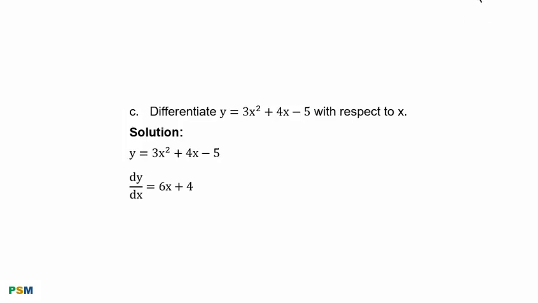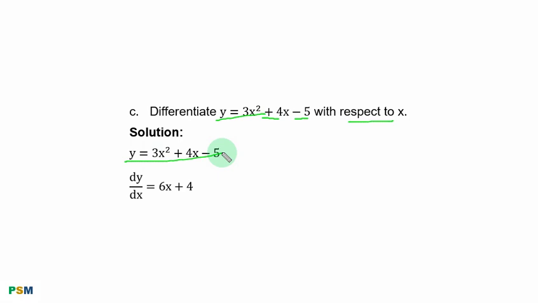Question 8c. Differentiate y equal to 3s squared plus 4s minus 5 with respect to s. You have the given algebraic function. You simply use the power rule of differentiation to get the result.